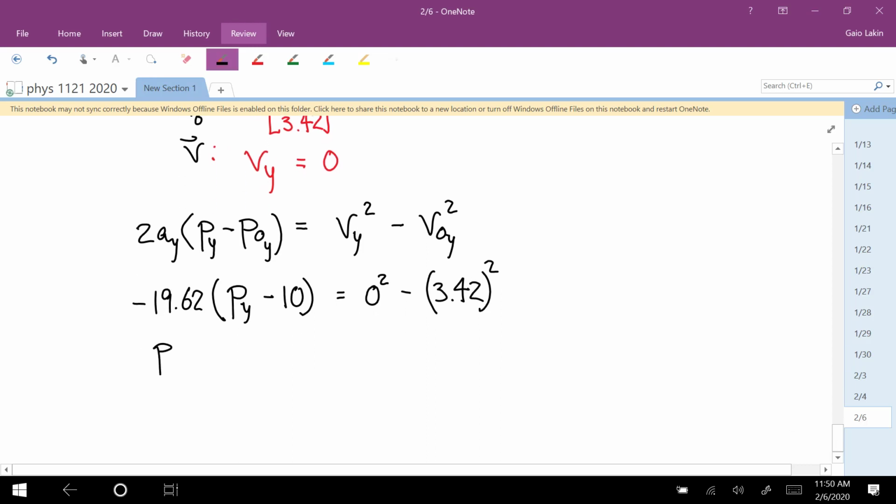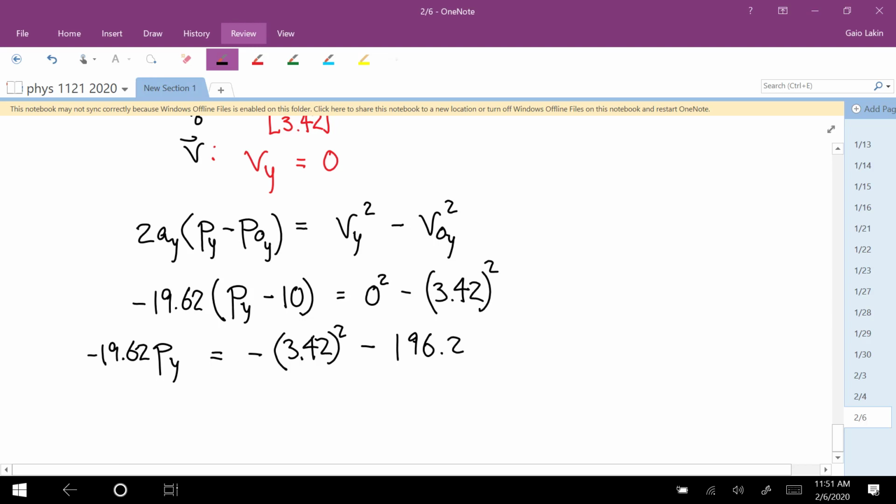And so negative 19.62 Py is equal to negative 3.42 squared minus 196.2.